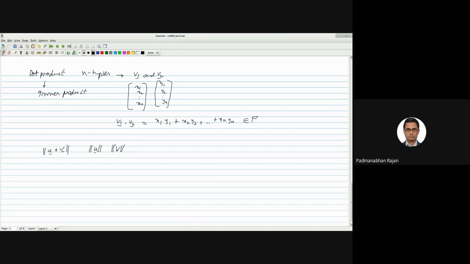If you have two different vectors, what can you say about their sum with respect to their norms? To make it easier, suppose you take the sum of the norms. Is this equal? Less than or equal to.